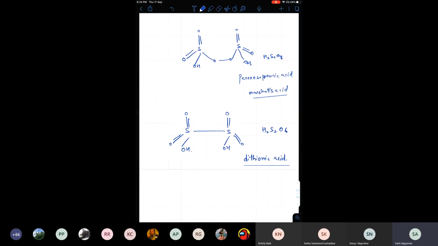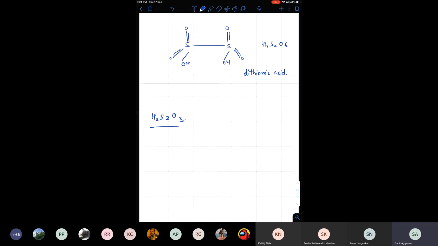Now, if we talk about H2SO3, it is slightly different because we know it has two OH bonds. We know its n-factor, it has two OH bonds. So this we have to form. OH. Oxo is there.